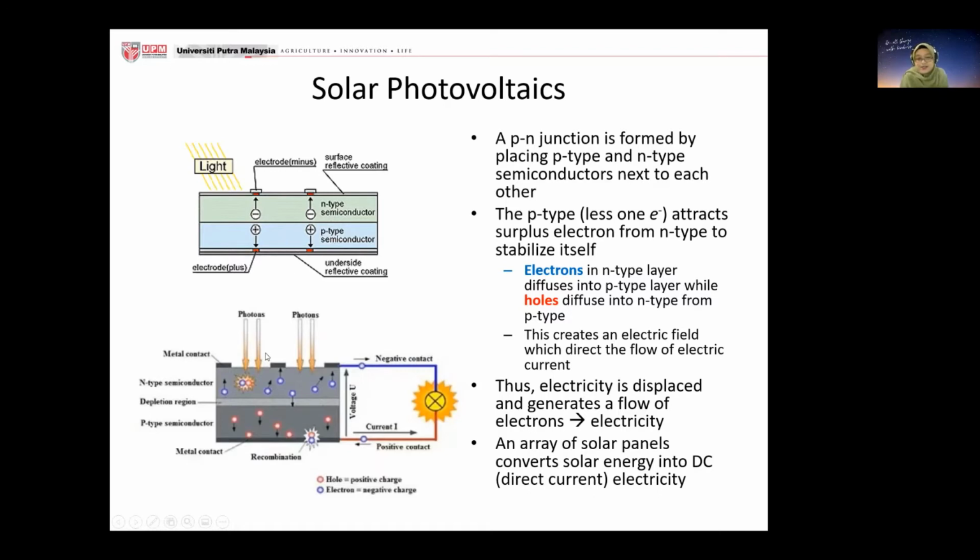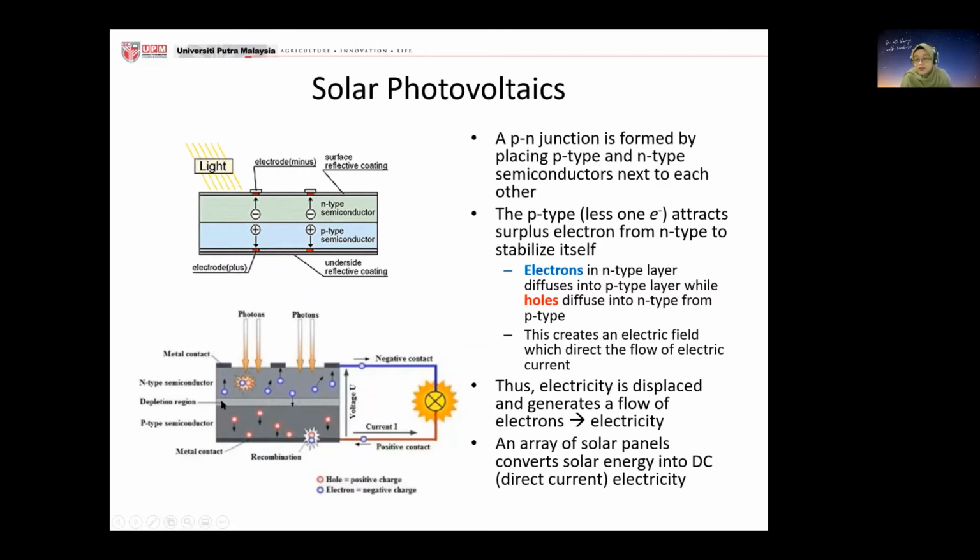Basically, the electrons in the n-type layer, if you look here, the n-type semiconductor contains more free electrons, and these will diffuse into the p-type layer, while the holes will diffuse into the n-type from the p-type.